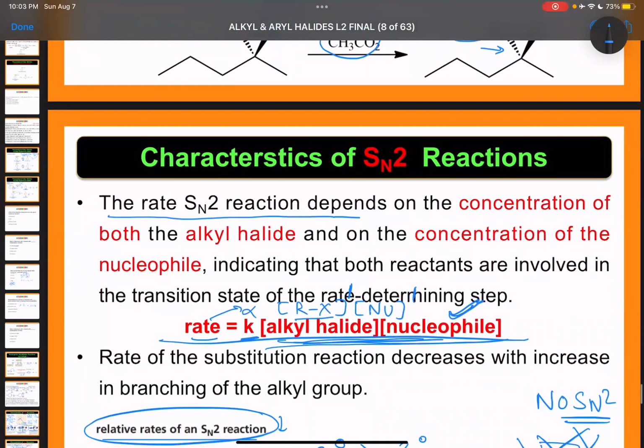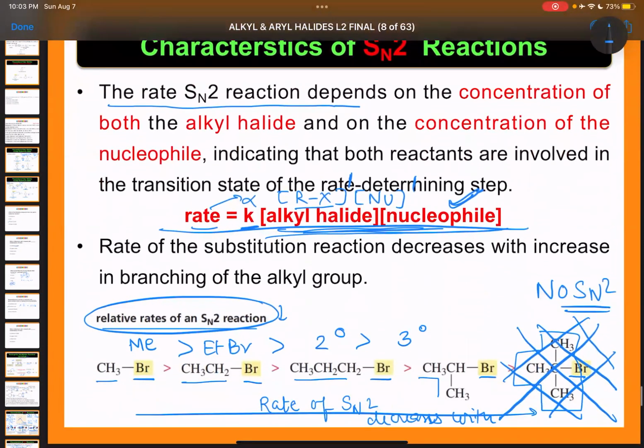It becomes very difficult. So tertiary alkyl halide will not undergo SN2 reaction. You can write that the rate or speed of SN2 reaction decreases with the increase in branching on the substrate. That you can note down.